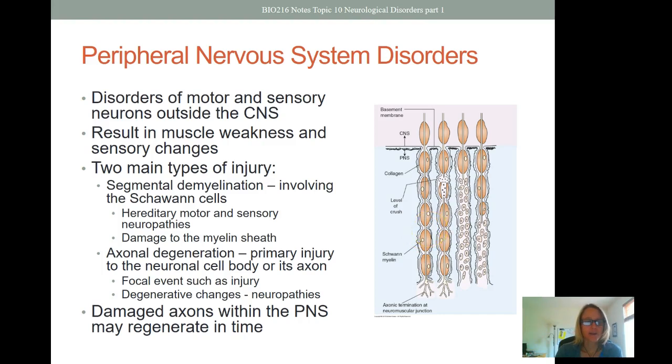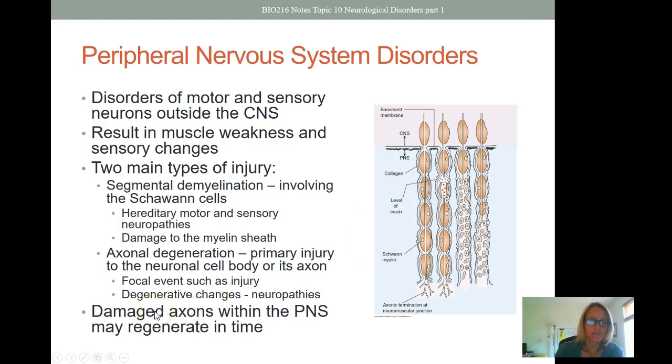We also have axonal degeneration, and this is if we have a primary injury to the neuronal cell body or its axon. This can be due to an injury, or it could be due to degenerative changes called neuropathies.